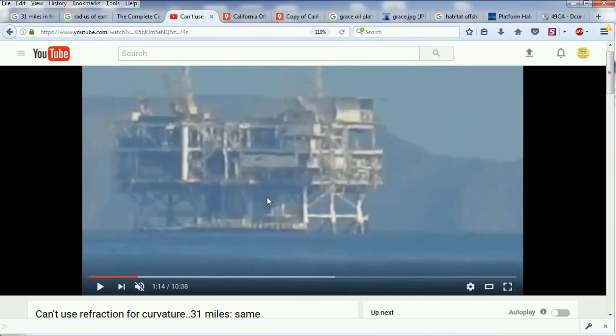Because we're not looking down on this. I'm not seeing the upper surfaces, I'm seeing the undersides of these levels.